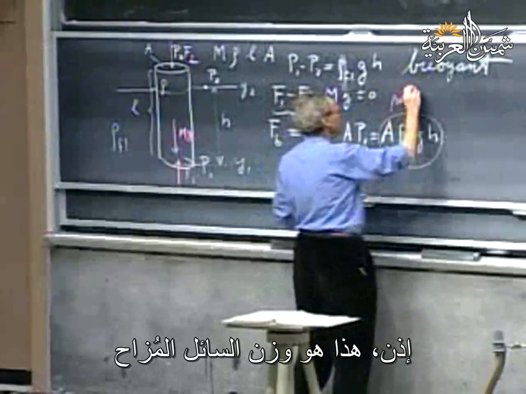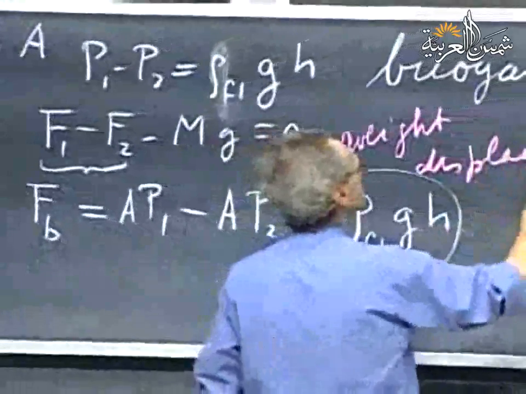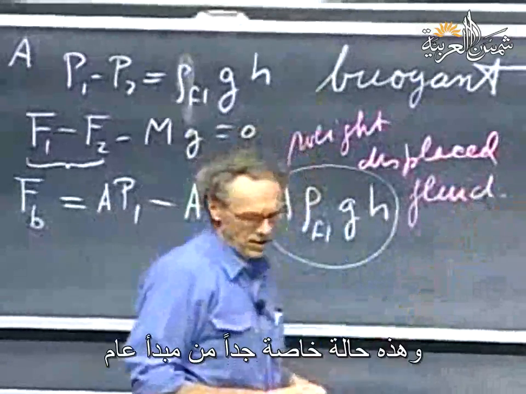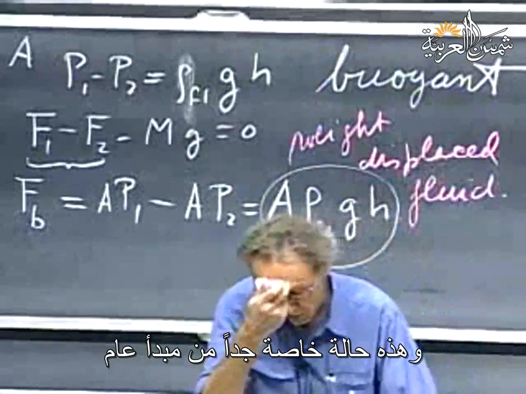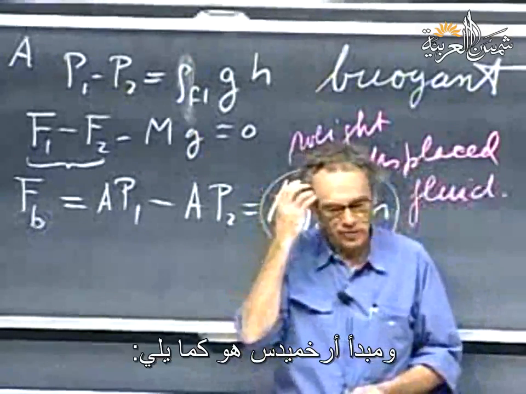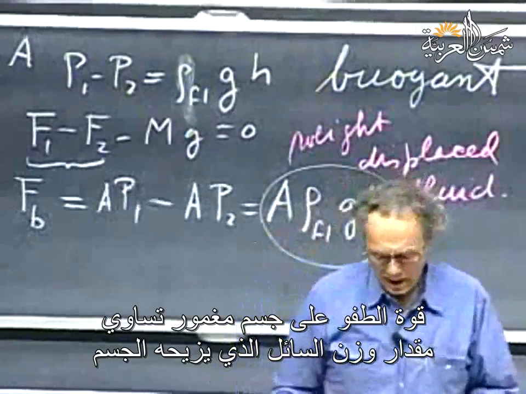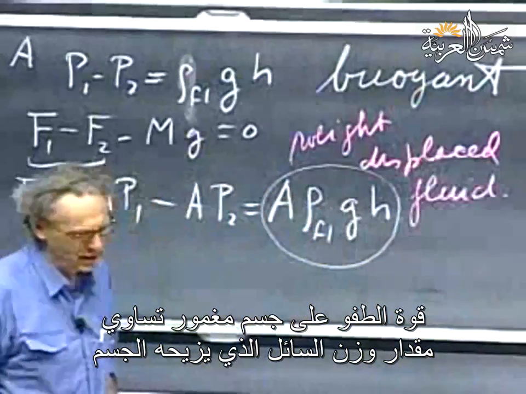So this is the weight of the displaced fluid. And this is a very special case of a general principle which is called Archimedes' principle. Archimedes' principle is as follows. The buoyant force on an immersed body has the same magnitude as the weight of the fluid which is displaced by the body.